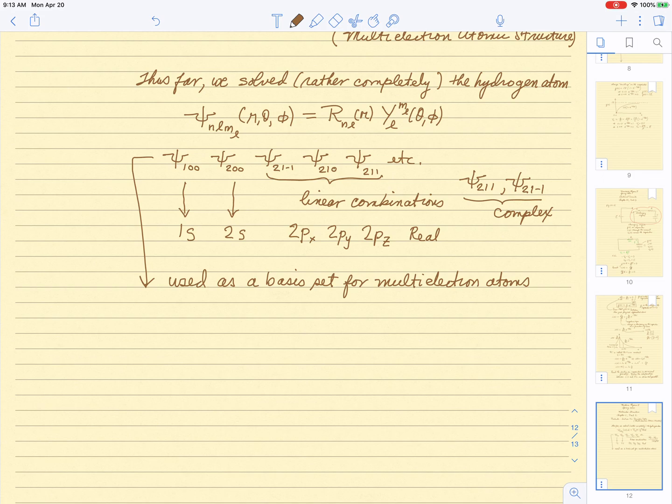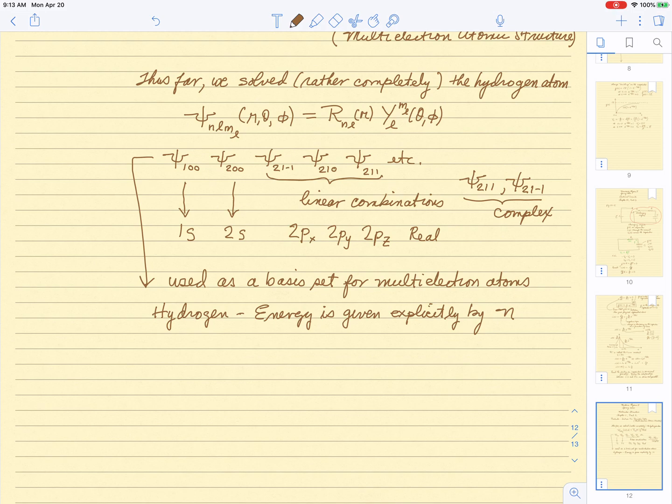And we know, at least for hydrogen, the energy is given explicitly by the principal quantum number n.